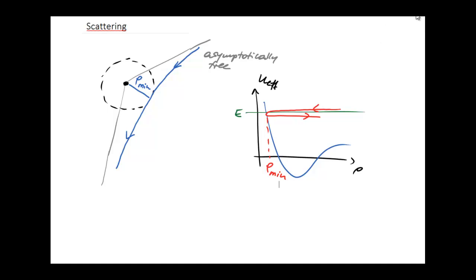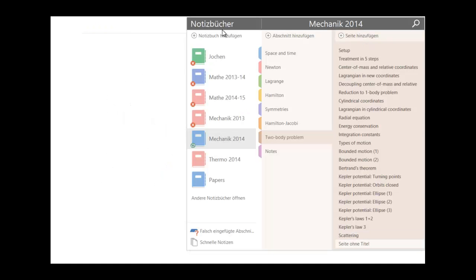Let's have a look at the experimental setup for such a scattering experiment. We're still in the picture of this effective one-body problem. So we are not talking about two bodies here, but we are talking about one effective body scattering off a fixed external potential. This gray line represents the beam axis.